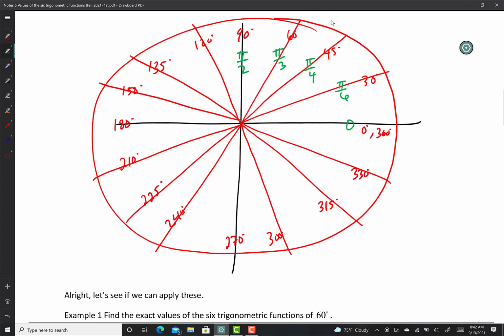In quadrant 2, 2 pi over 3, 3 pi over 4, 5 pi over 6. See, most of you already know it, right? At 180, it's pi. Add 1/6 pi to pi, so that's going to be 7 pi over 6. Same logic for the next ones: 5 pi over 4, 4 pi over 3.